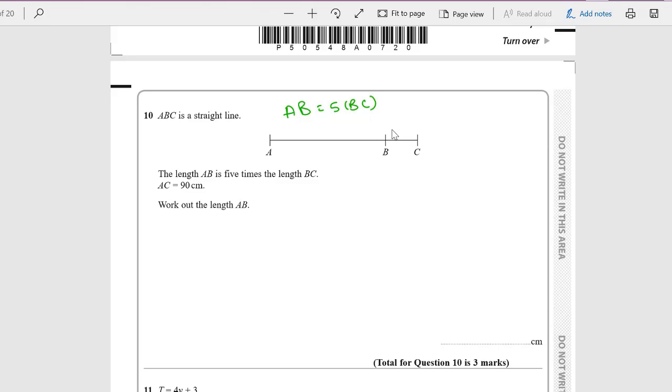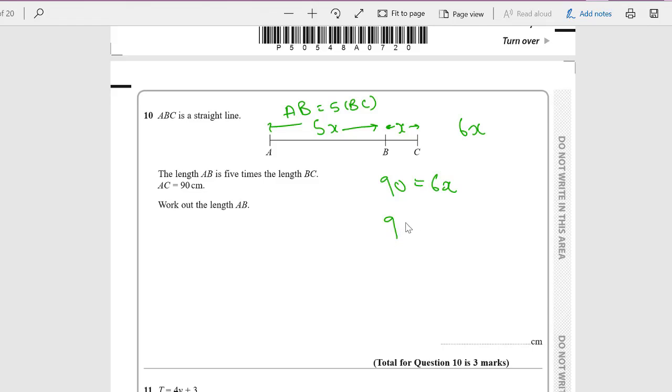Now that means that if we say that BC's length is x, then AB's length is going to be 5x, right? Because it's 5 times bigger, so we know there's going to be 6 parts. So the length is 6x, 6 parts. We know it's going to be 90 centimeters from A to C, and it's 6x.